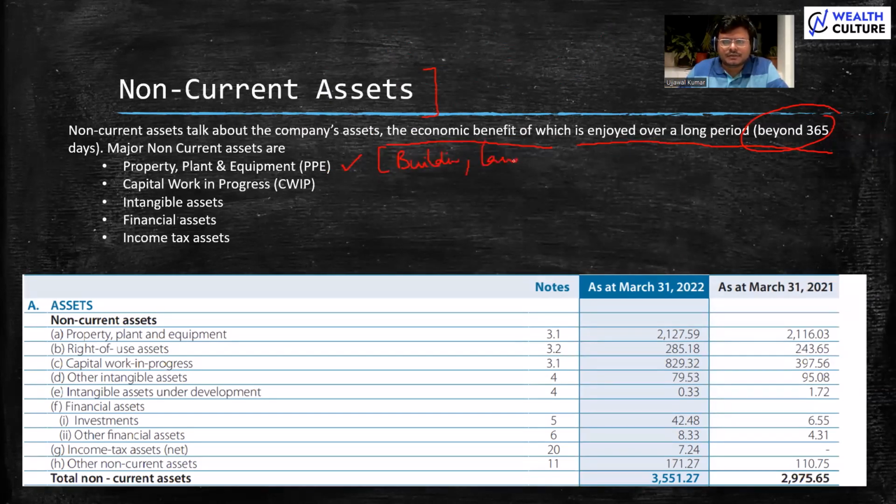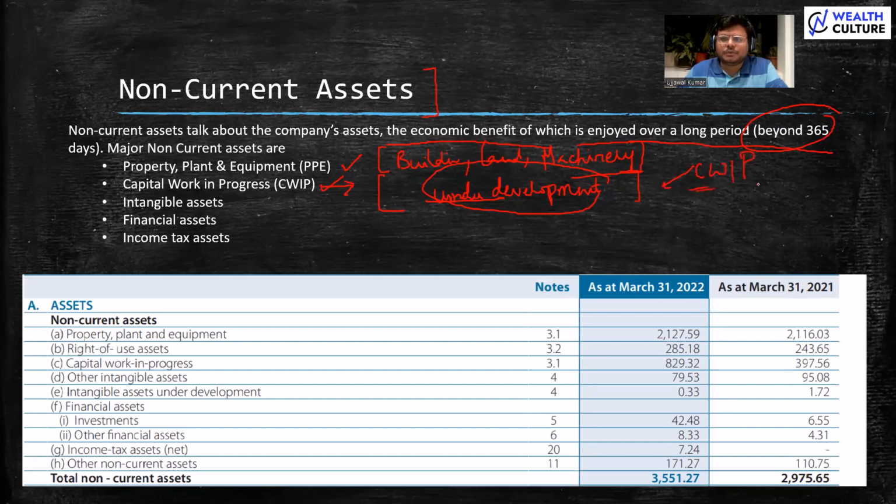Your land, your machinery, whatever that you need to run this business. Then there is something called capital work in progress, which is again the same thing, but this is still under development, right? So any building that is under development will be categorized here. Anything that is yet not operational will be part of CWIP, capital work in progress.